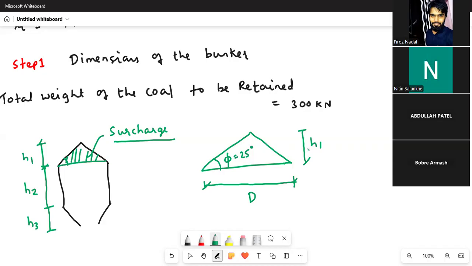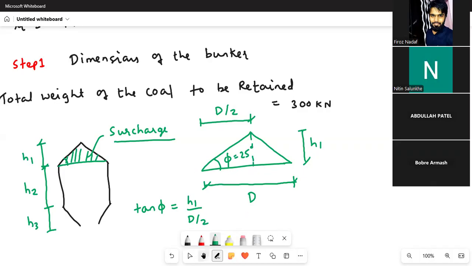Okay. So how we can find this H1? From here to here, it is D by 2. So I can take tan phi equal to H1 divided by D by 2, opposite by adjacent. If I divide the triangle, opposite is H1 and adjacent is D by 2.